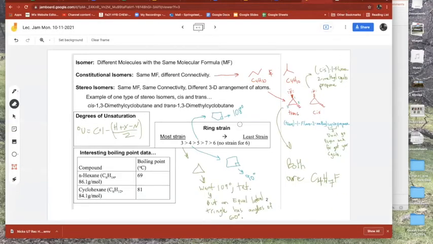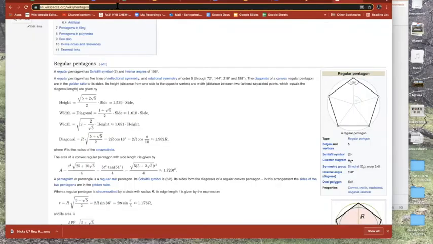But when it comes to these rings, I'm treating them as if they're completely flat, but they're not. Well, the 3-membered ring's flat and the 4 is pretty flat, but the 5, it puckers. It doesn't stay flat. So I'll show you cyclopentane.